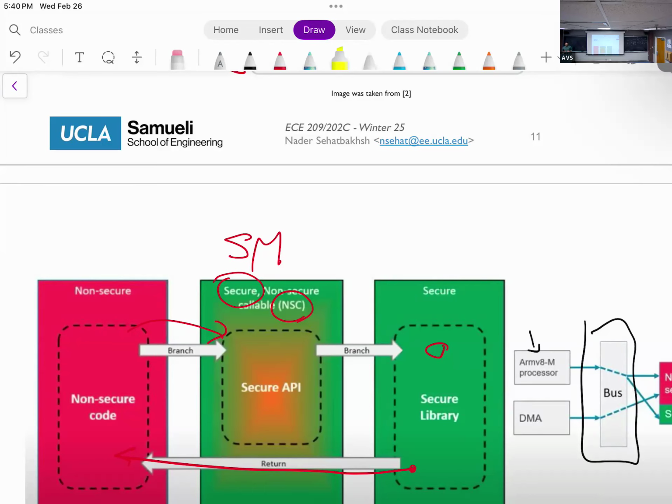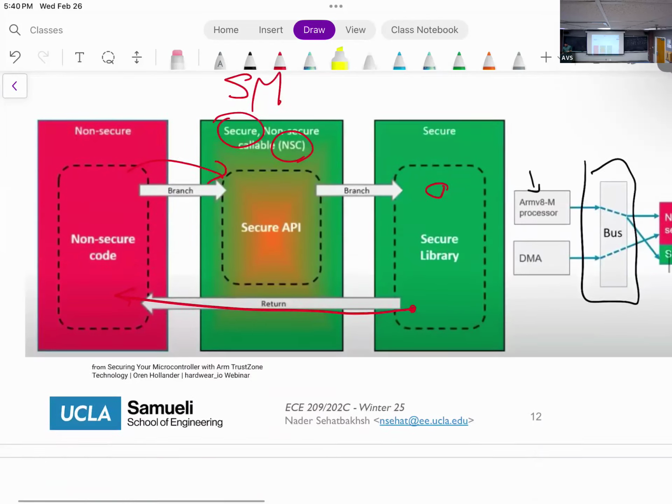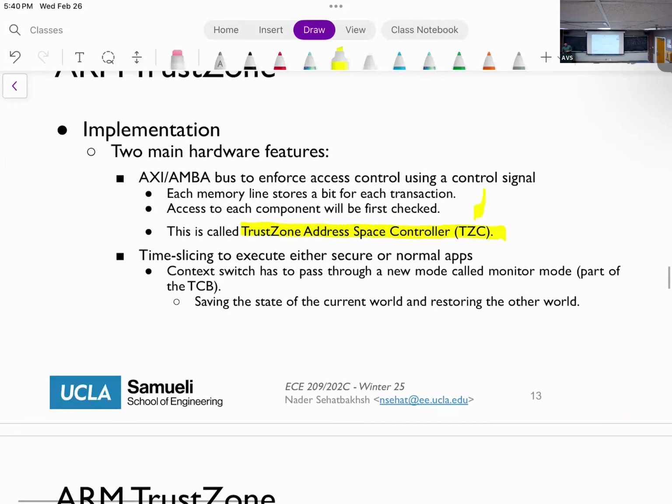Here you need to also do additional cleanup, which is time consuming. Okay, but these are the two main changes: checking the bus to make sure accesses are for apps that belong to the world, and doing secure slicing of time and sharing the resources.